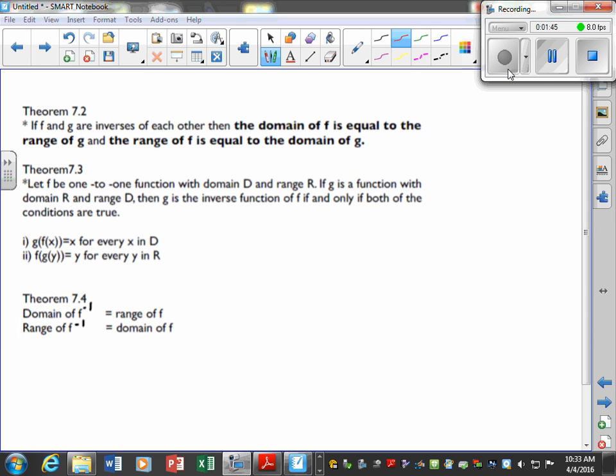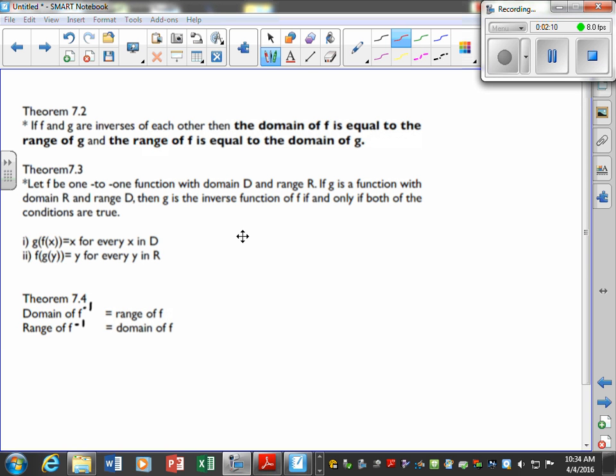And another theorem, here's a page with some theorems on them. They're inverses of one another if the domain of f is equal to the range of g, and the range of f is equal to the domain of g. So this is kind of vice versa, and we want to keep that in mind. Also, let f be a one-to-one function with the domain d and the range r.